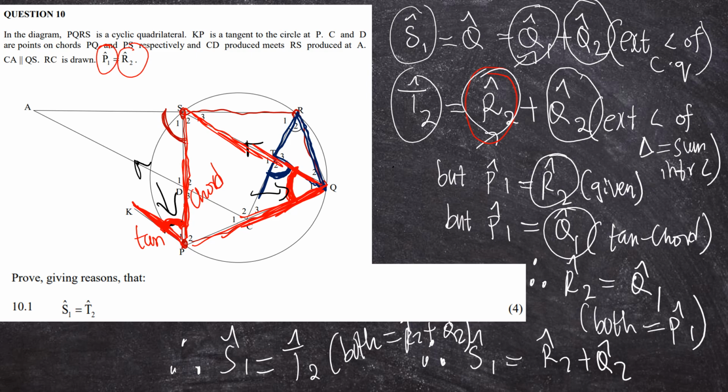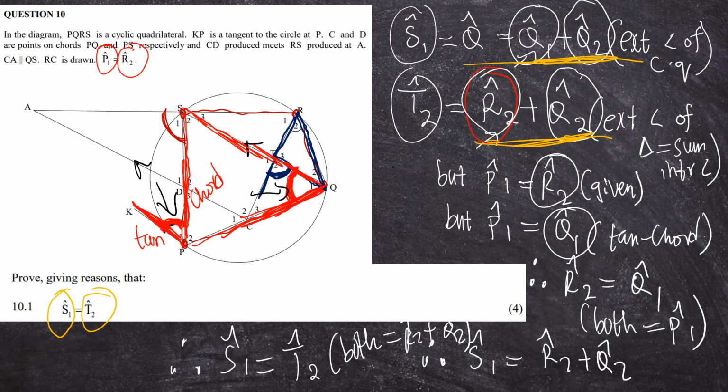So you can see that it's fairly simple to prove that angles are equal. What you basically do, as I've explained, is first go and check what my S1 is equal to. That was our first step. Then we check what my T2 is equal to, second step. Then you check the relation between those two angles. We saw that Q2 is in both of them.